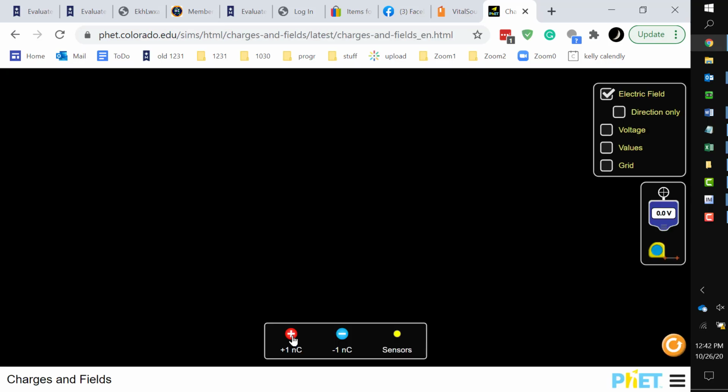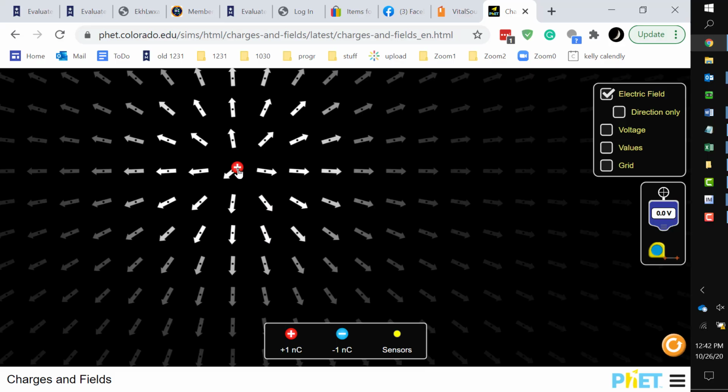So what I'm going to do is bring a positive charge here and plop it in the middle of space. And these white arrows appear around it, and it's an imaginary map, kind of describing the amount of force that would happen on another positive charge. So I'm going to use this sensor now and drop it right here.